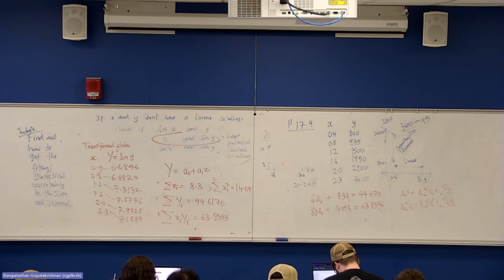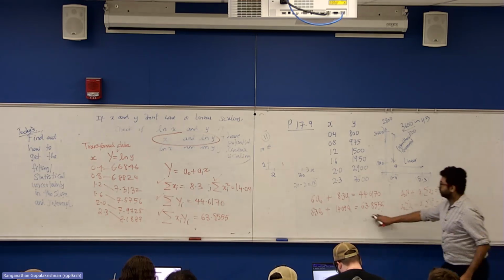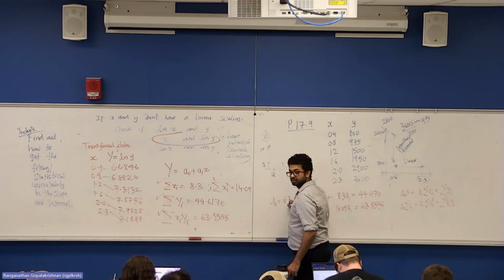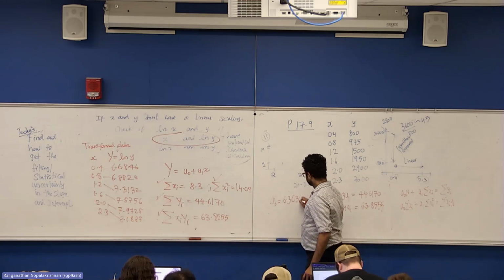You have A0 and A1? Yeah, I thought you were ready. I think A0 is 6.3036.